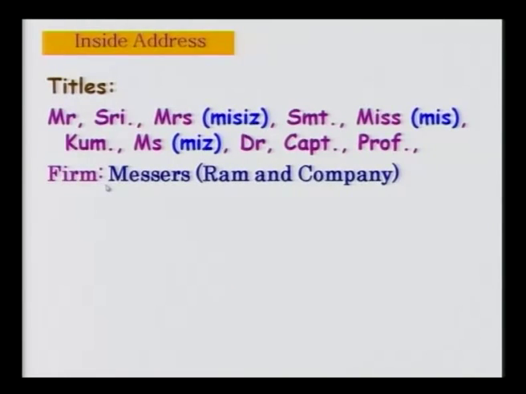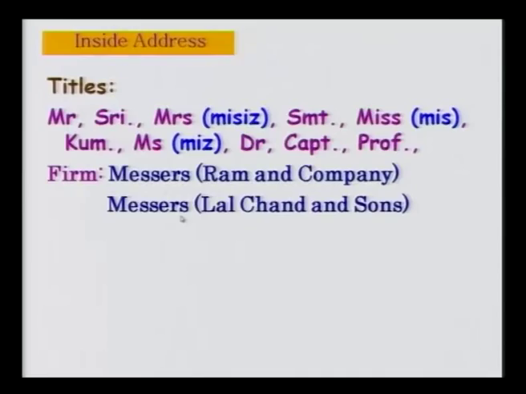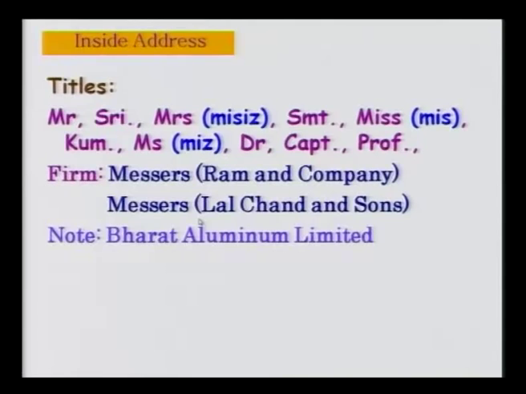Now, suppose it is a firm, a very big organization run by two or three brothers, or in the name of a person who has other partners, then Messrs., the plural form of Mr., is used if it is a firm. So, it is Messrs. Lal Chand and Sons, because there are many male partners in the business.